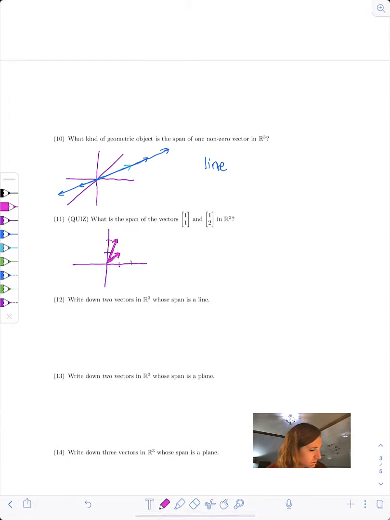And you want to start thinking about multiples of these. If you take 2 times 1, 1 and add it to 1, 2, you're going to get something that goes like this. So you're going to start getting things that aren't just in one of those two lines. So I will pause now and let you think about the answer to that.